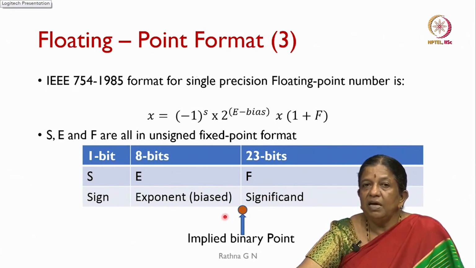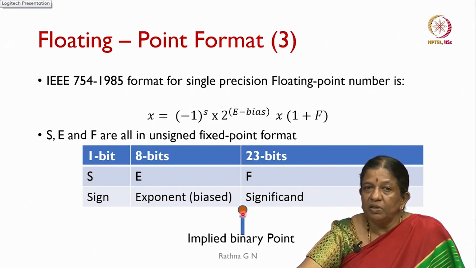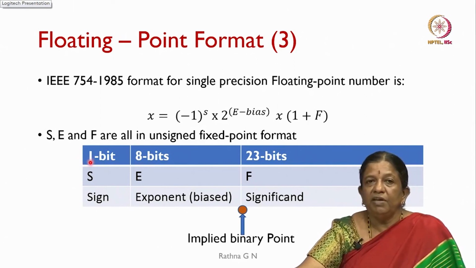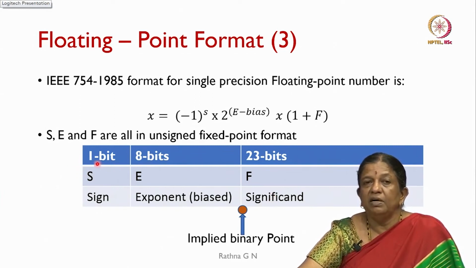This is the implied binary point, and we will not be allocating any bits to the binary point. The significand is represented with 23 bits, the exponent with 8 bits and the sign with 1 bit. If it is 0, it is positive, and if it is 1, negative.